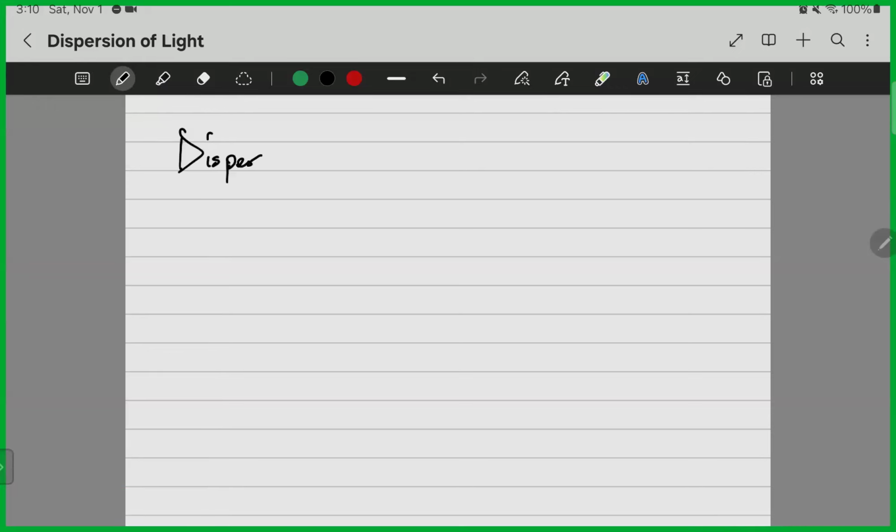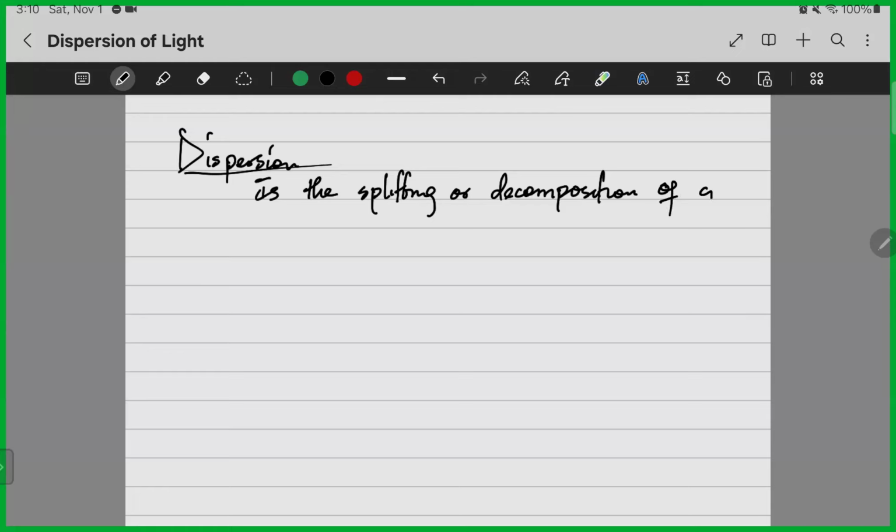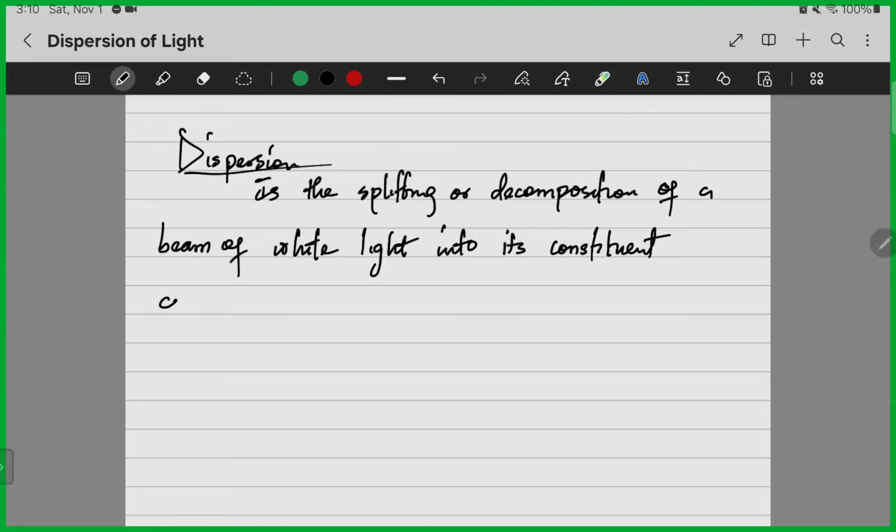Specifically, I'll say dispersion on its own is the splitting or decomposition of a beam of white light into its constituent colors called spectra.